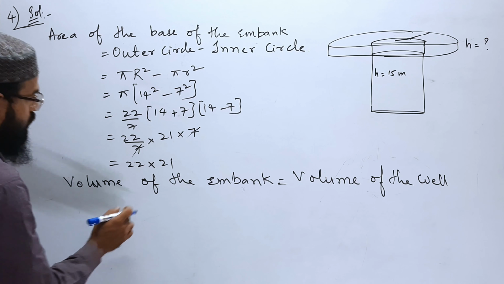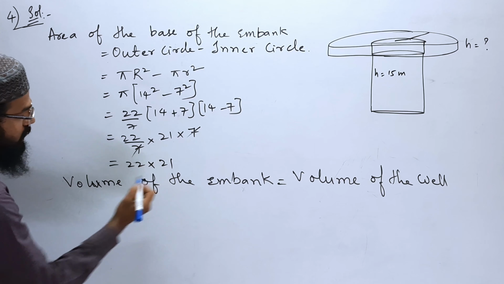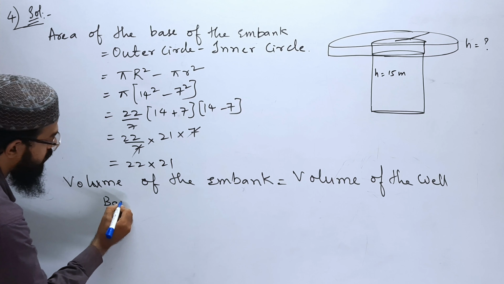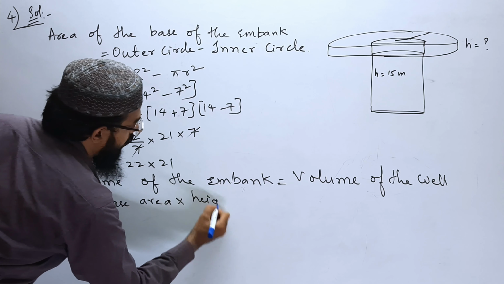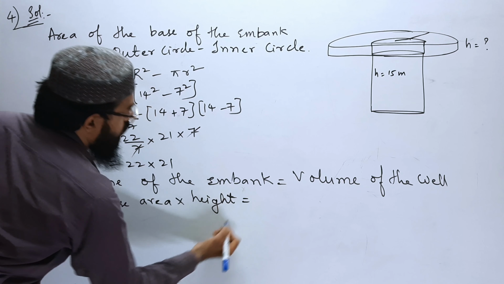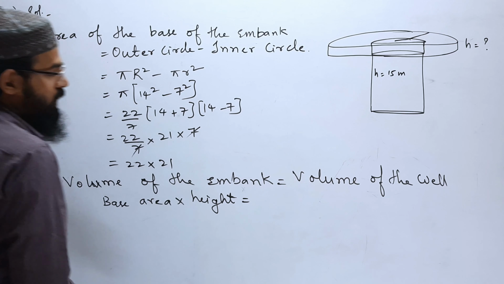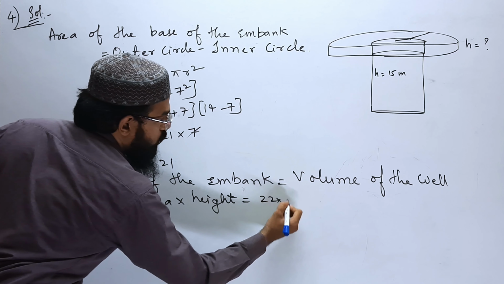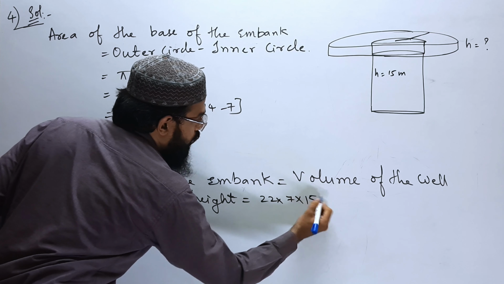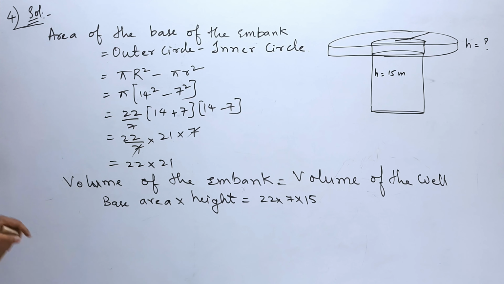So base area is this one. So base area into height is equal to volume of the well, which is 22 into 7 into 15. That we have written in the first step.